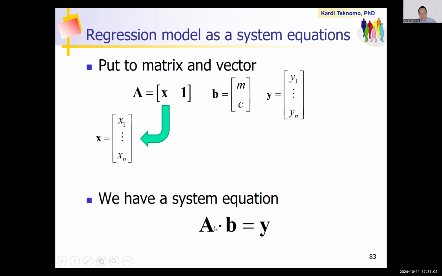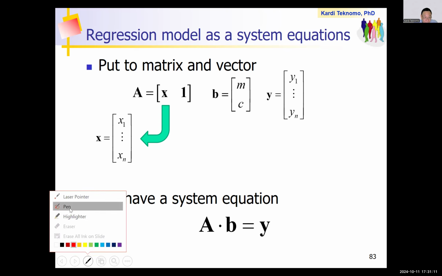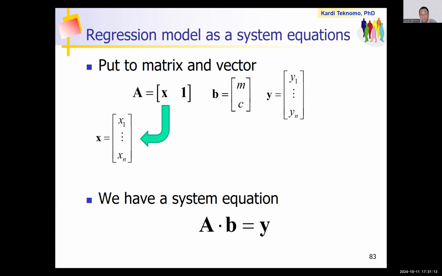You probably learned this in high school. If you have A times B equal Y, and A is actually a square matrix, then you can just multiply with the inverse.